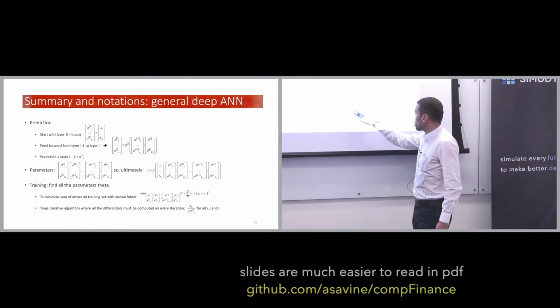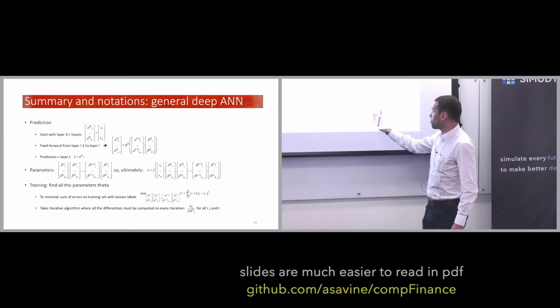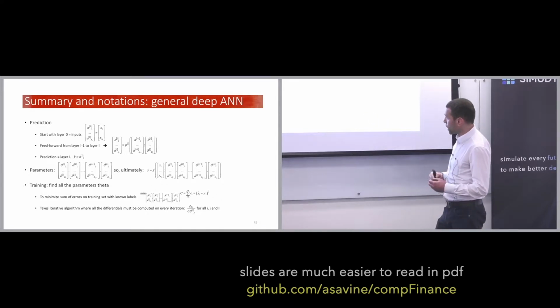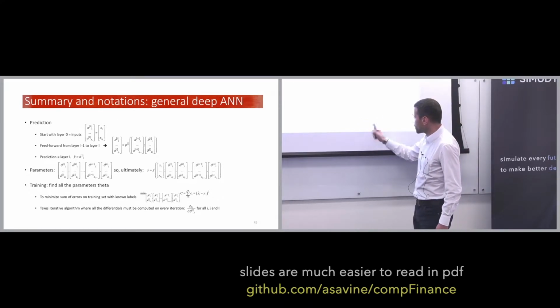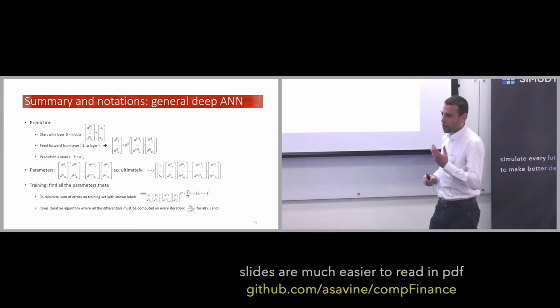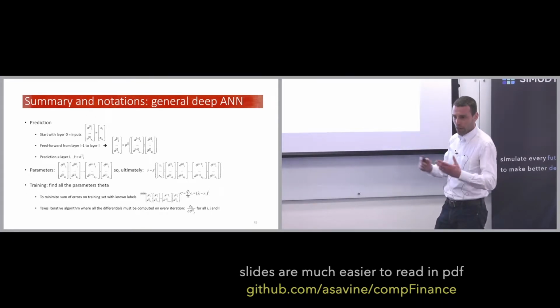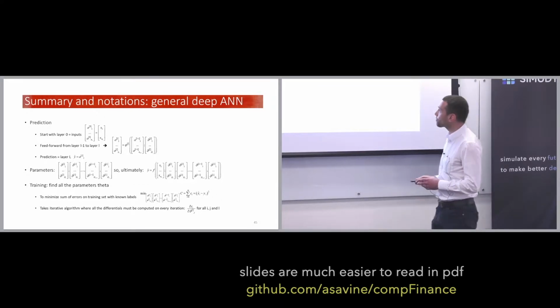So if I call Ci the loss on example i, so that's my squared prediction error for the example i, then what I need to calculate on every iteration is all the dCi over d theta L j, for all layers L, for all the parameters j on this layer. So it's a large number of differentials.